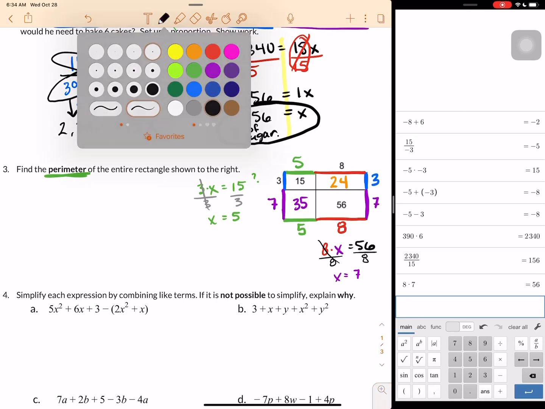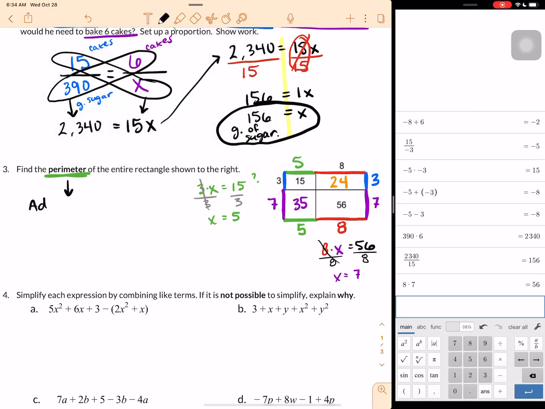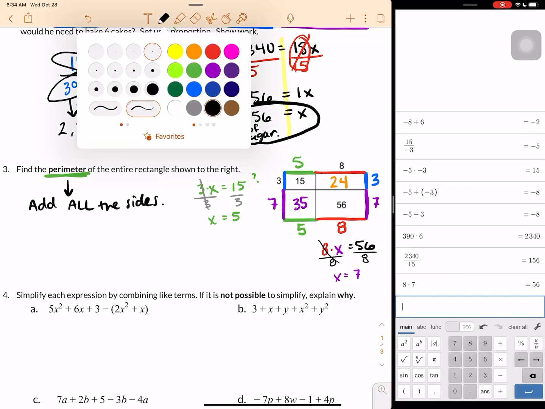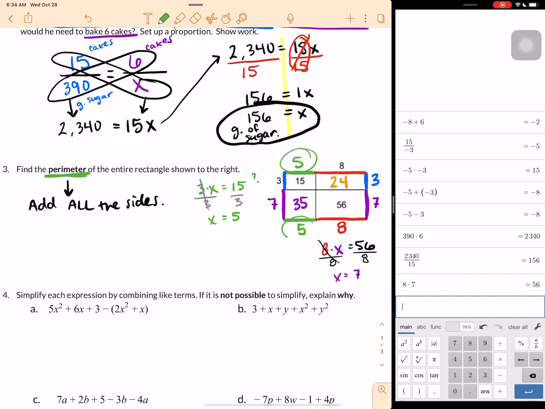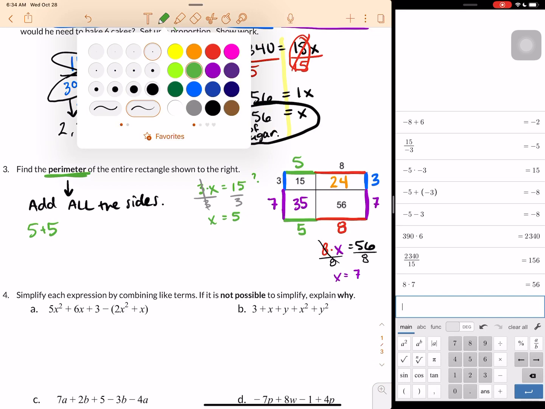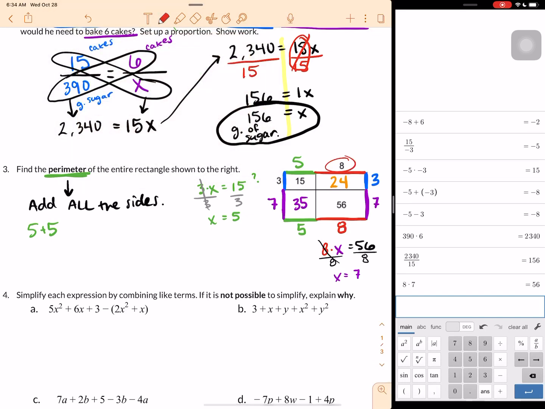So perimeter means we add all the sides on the outside. So here I'm going to kind of color code it. Let's do this. I know I have 2 5s, 5 and 5. So 5 plus 5. And then I know I have 2 8s, 8 and 8. So plus 8 plus 8.